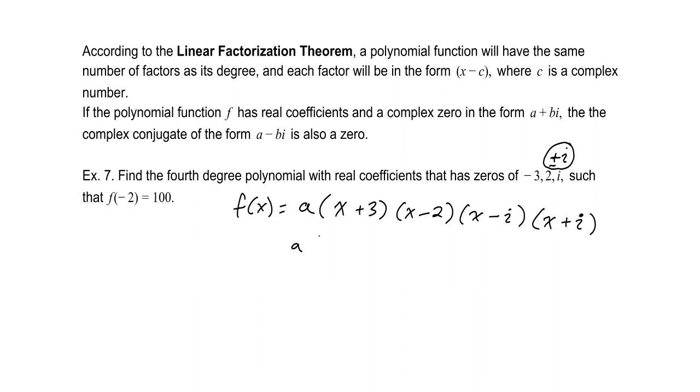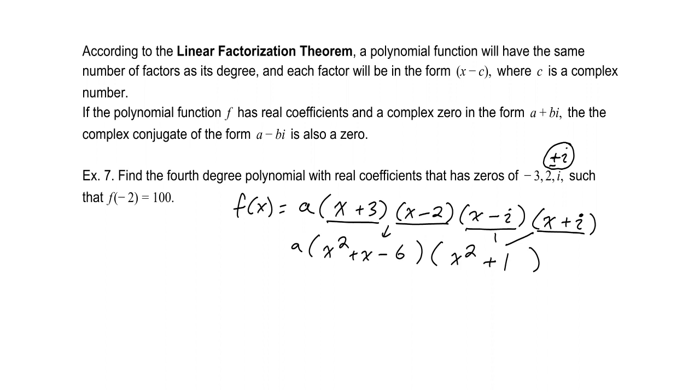Now, I'm going to go ahead and multiply some of these things together. If we multiply the first 2, that'll be an x squared plus x minus 6. And multiplying these two, that will be an x squared plus 1, because the i terms cancel out, and i times i is negative 1.